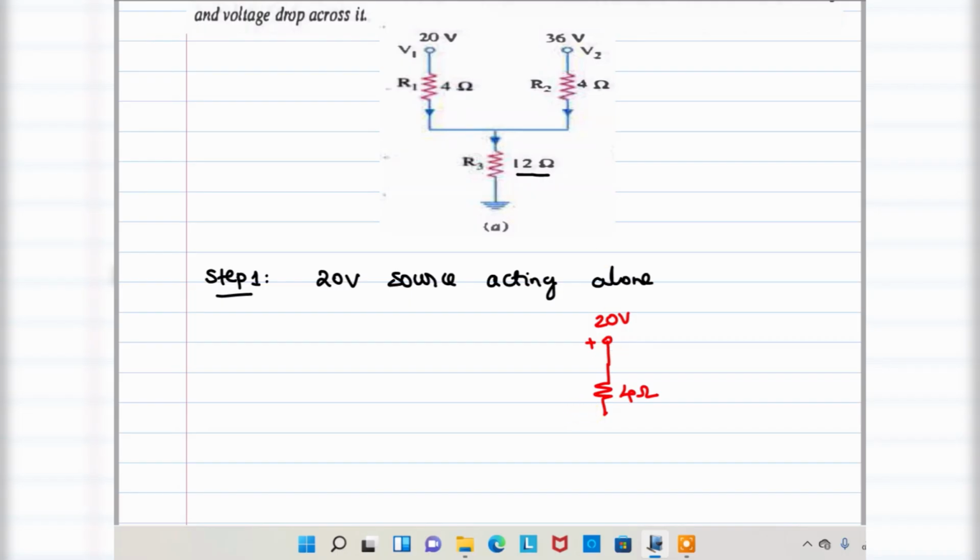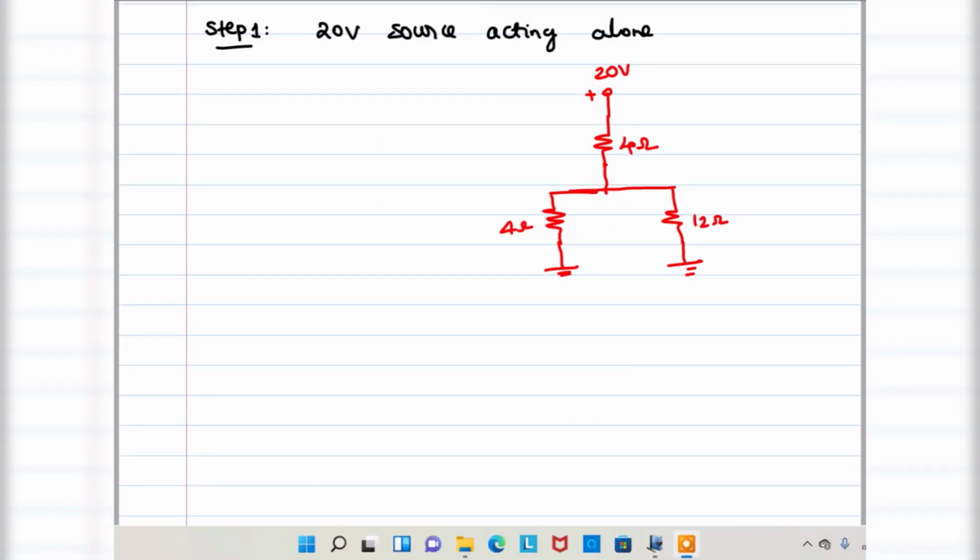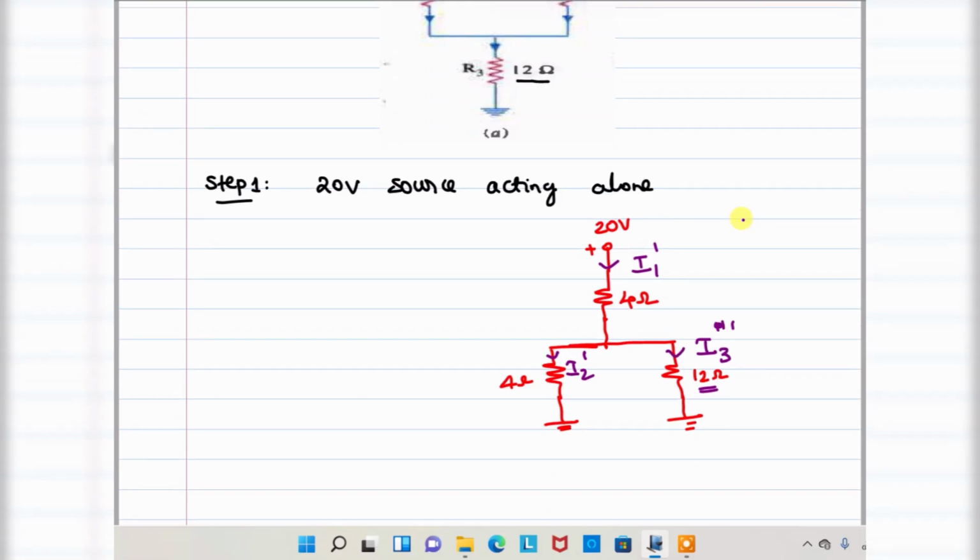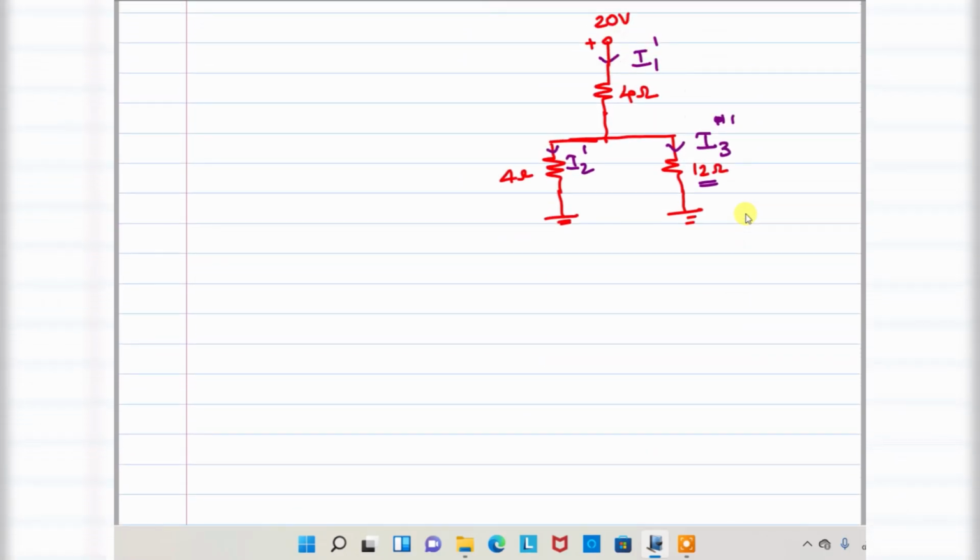Okay. So here in this case I will make this the current I1 prime. You want current only through 4 ohm resistance, 12 ohm resistance here. You want current here, that may be I3, I3 prime. This is I2 prime. I don't want to calculate all the currents. I want to calculate this current only. Current flowing through the 12 ohms as well as voltage across the 12 ohms.